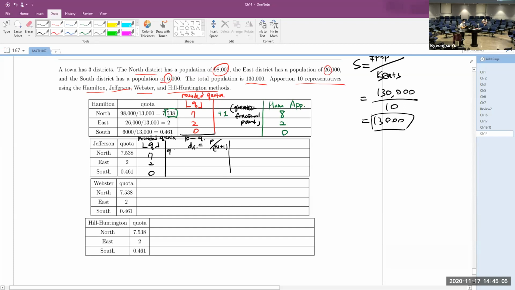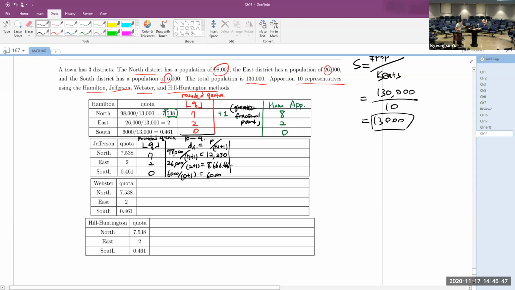So here, the first one is population 98,000 over apportionment 7 plus 1, which is 98,000 over 8. And if you calculate it, it is 12,250. And the next one is 26,000 over 2 plus 1, so it is 26,000 over 3. It is 8,666.666 something. And the last one is 6,000 over 0 plus 1, which is just 6,000, right?